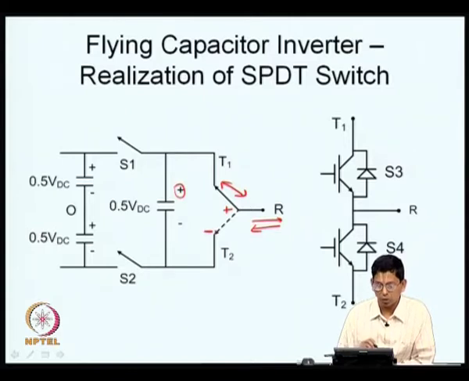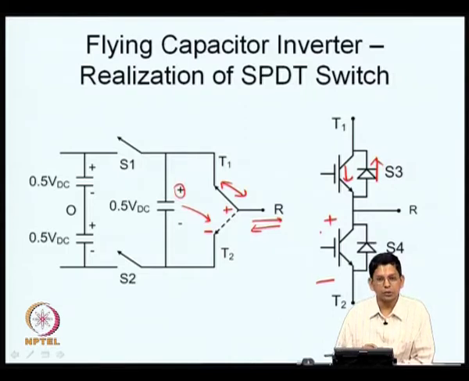So, this is equal to minus, and the potential difference is the same as what you have here. This capacitor voltage comes across the pole and the throw. So, this is what you get by having two transistors like this. You have a transistor and an anti-parallel diode, so that they have a bidirectional current carrying capability. Now, the bottom transistor can block a potential like this now.